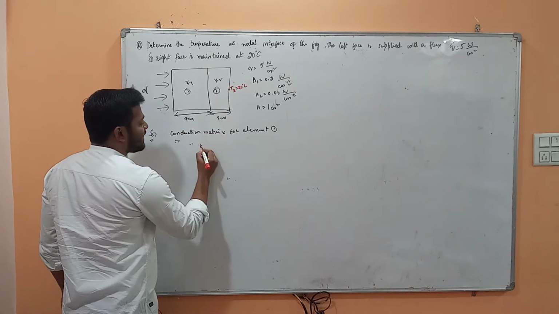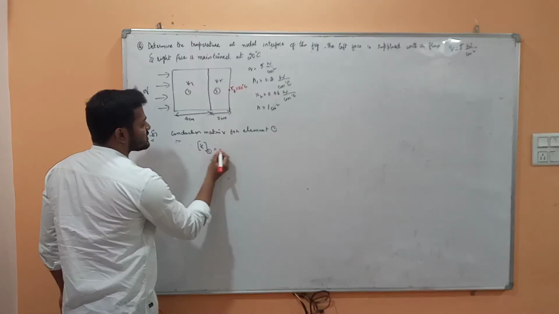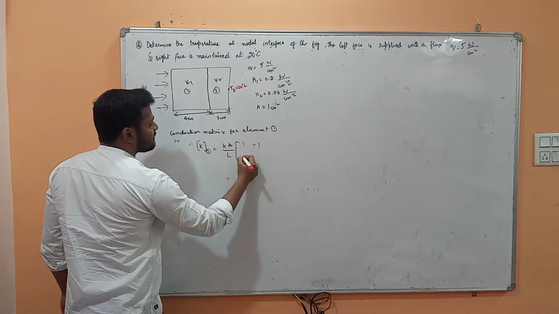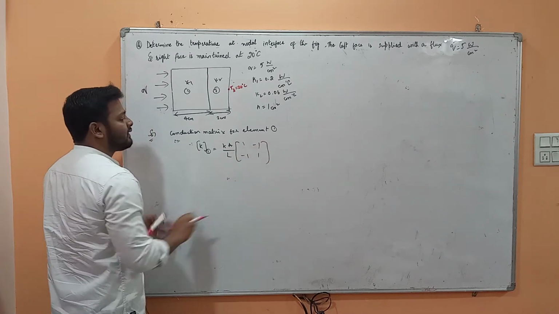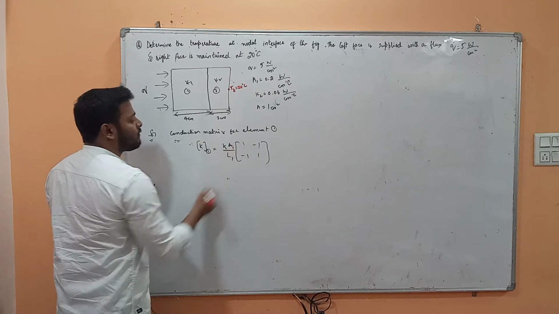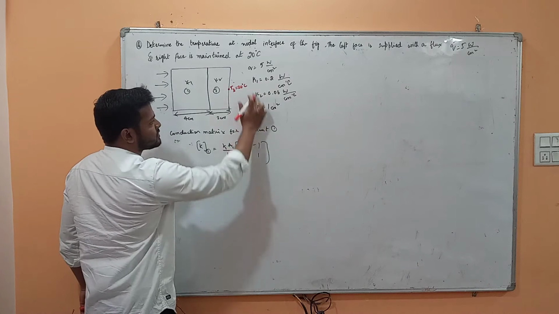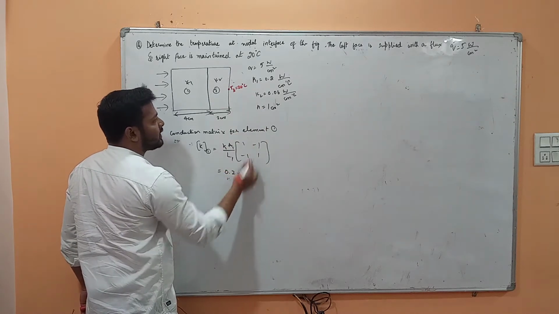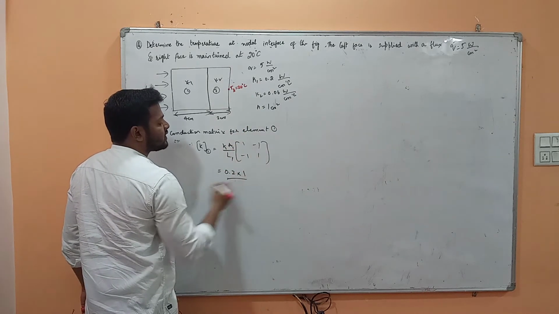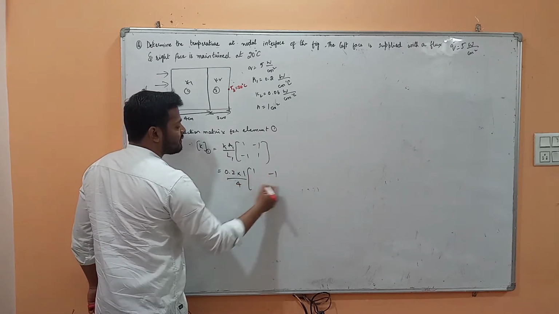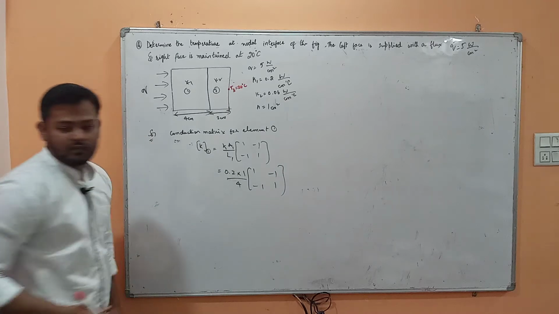The conduction matrix formula, we all know, K1 is equal to K A by L times the matrix [1 -1; -1 1]. So for element 1 we have to write down the same. K1, which is given in the question, is 0.2, and area 1 and area 2 are both the same, so that is 1. The length of element 1 is 4 centimeters. We can find out this value in the calculator.